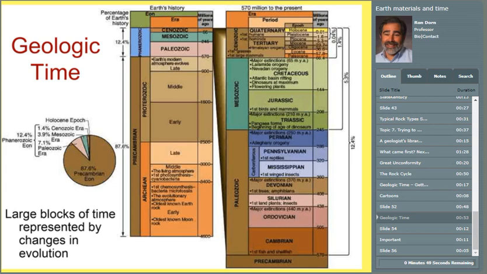The Mesozoic had the dinosaurs in it, the Cenozoic being the time of mammals. And then we split out each of these eras into specific periods, where the periods differentiate subtleties in life. So the geologic time scale represented by evolution is the way geologists think.